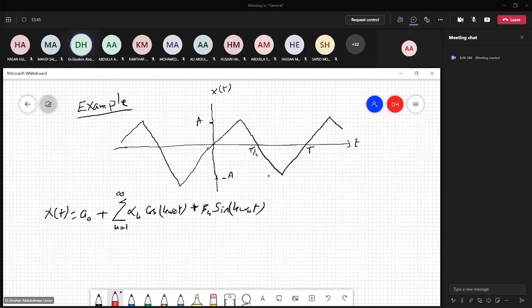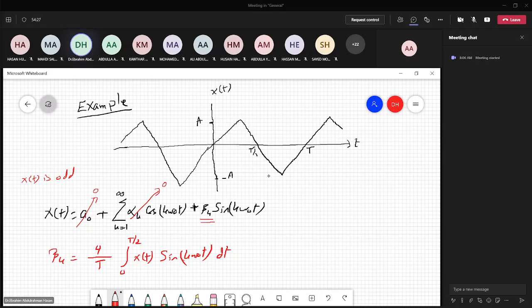Because x of t has odd symmetry, which means directly a naught equals 0 and alpha equals 0, so we just need to find beta. Beta k, since it is odd, is 4 over T, integration from 0 to T over 2 of x of t sine k omega naught t dt.